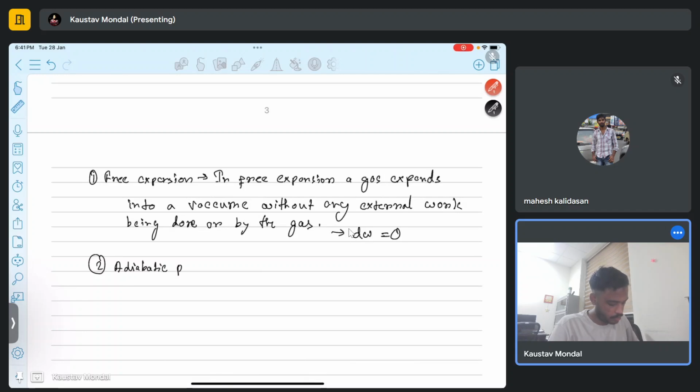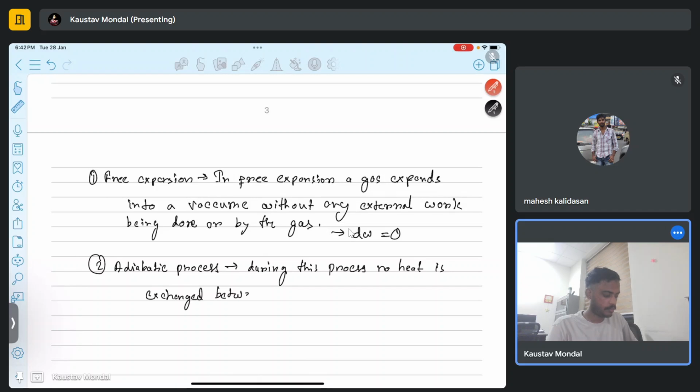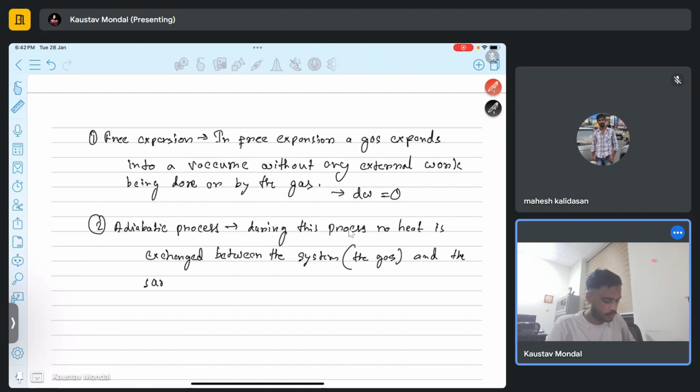Adiabatic process: during this process, no heat is exchanged between the system, which in our case is the gas, and the surroundings.